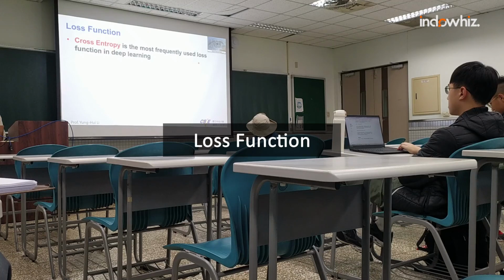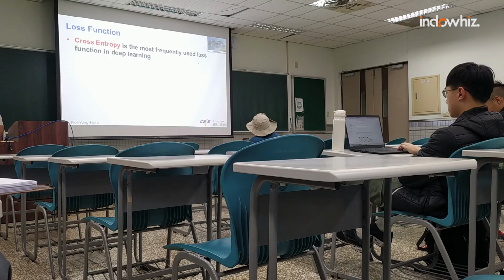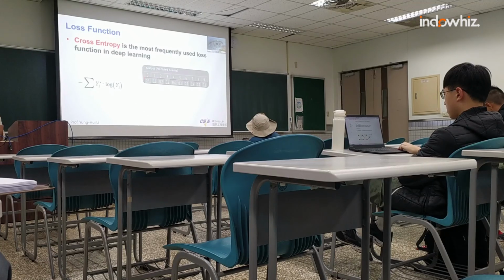For the loss function, if you are doing classification, then usually we use cross entropy to compute the loss. For cross entropy, the equation is like this. The predicted value, the output of your network, may be like this. Suppose you are doing handwritten digit recognition, so there are 10 different classes, and the output of these 10 classes is like this.